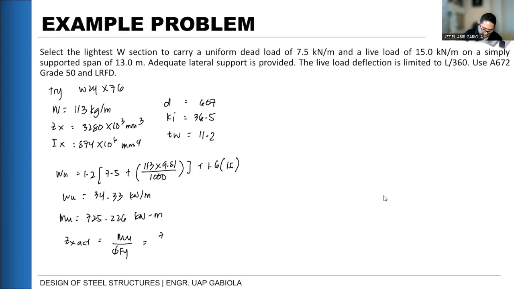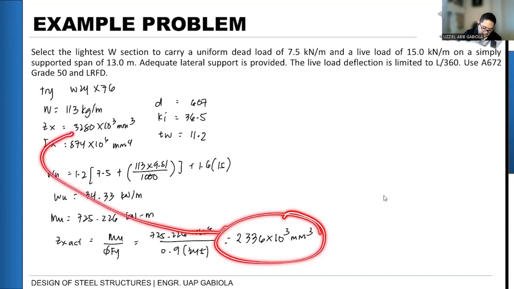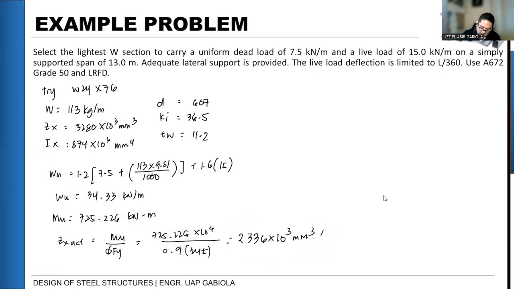So 725.226 times 10 to the 6 all over 0.9 times 345, that is equals to 2336 times 10 cube mm cube. Okay? Which is, kung i-check natin, this value is less than dito sa Zx natin ng section. Okay? Therefore, okay sa flexure, no?